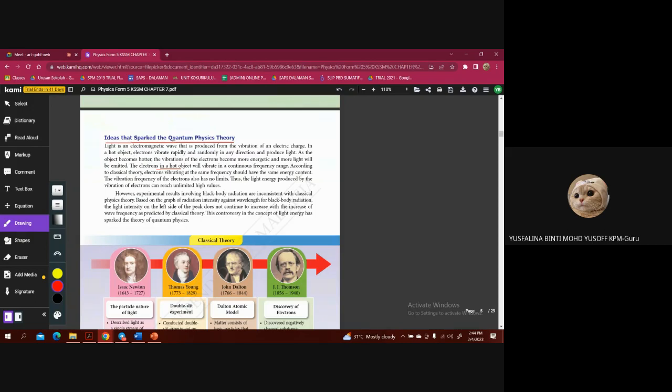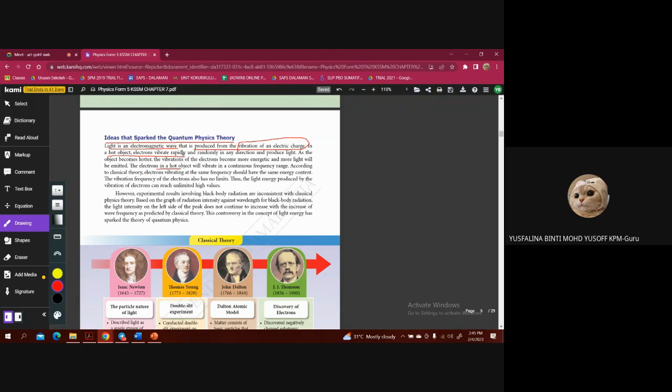So the idea that sparked the quantum physics theories is that light is an electromagnetic wave produced by vibration of electric charge. When the electric charge vibrates, it can form light. So light is an example of an electromagnetic wave. In a hot object, electrons vibrate rapidly. This one you already know.